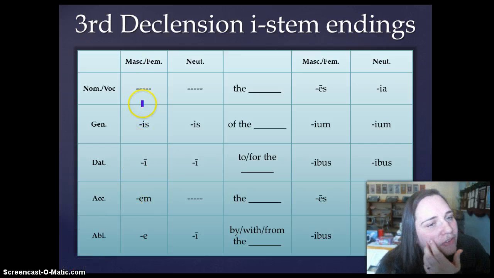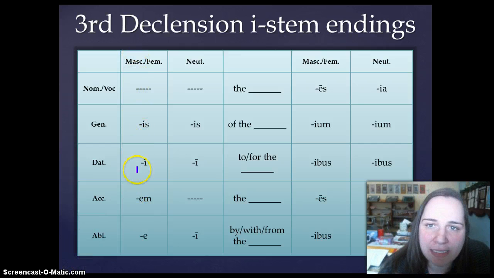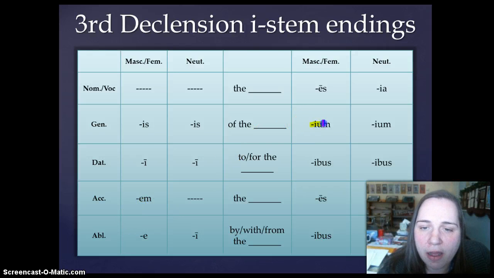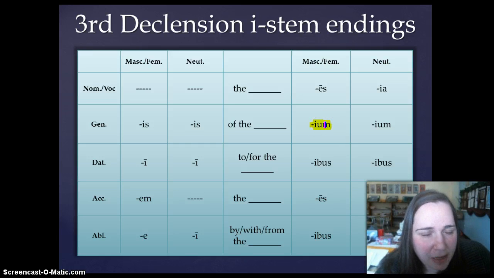You can see that for masculine and feminine I stem nouns, the only difference between a third declension and a third declension I stem is that the genitive plural ends in IUM instead of UM. That's it. IUM instead of UM.